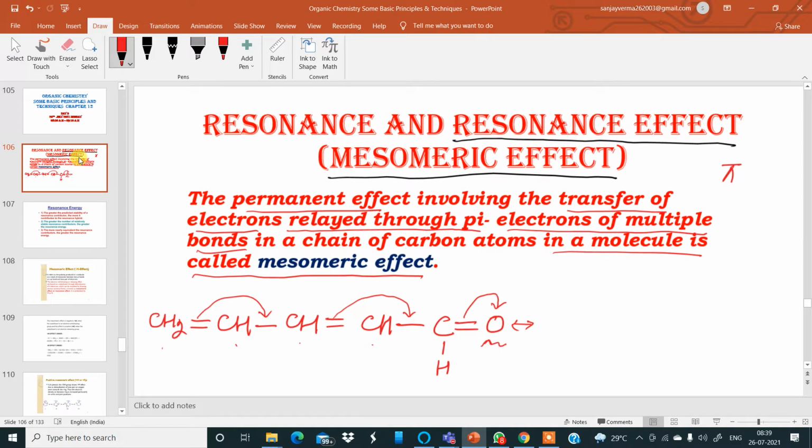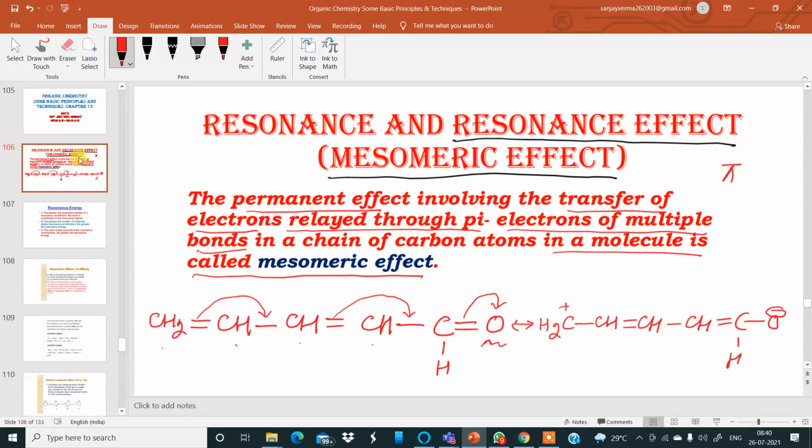It will result in the formation of a species which looks like this: H2C with a positive charge on this carbon, single bond, CH double bond CH, single bond, CH double bond CH, and then over here O minus, because the pi electrons have fallen on the oxygen atom, giving it a negative charge.